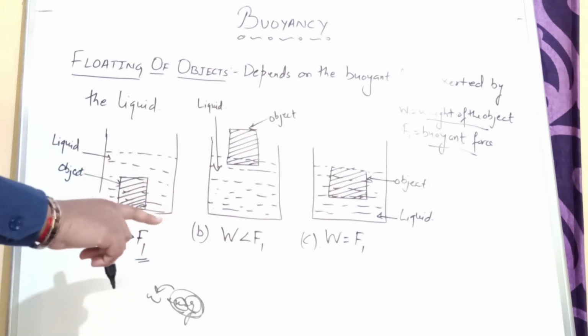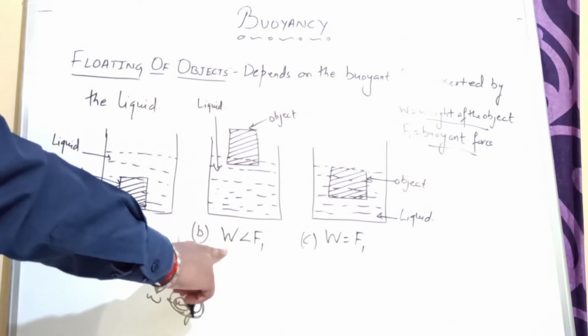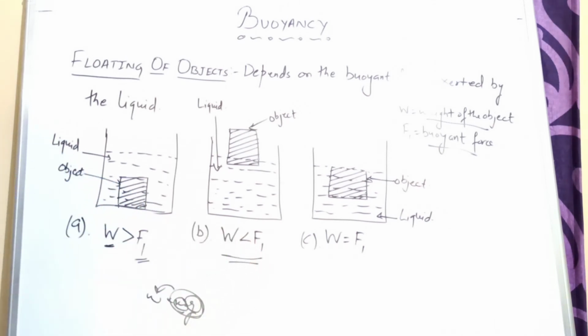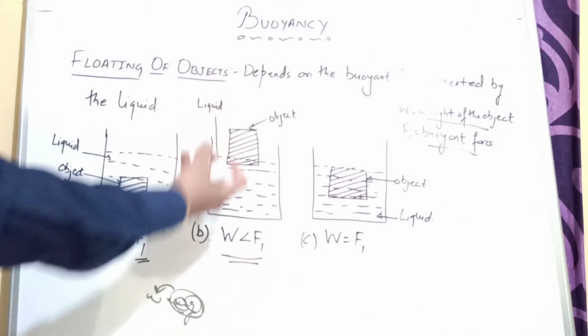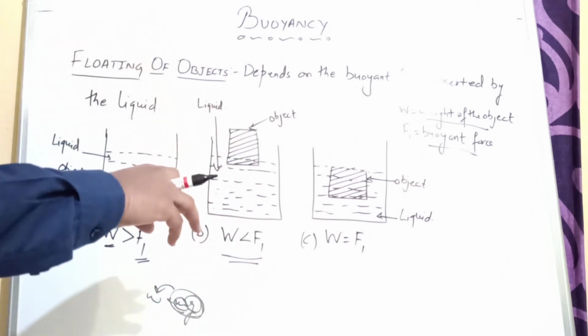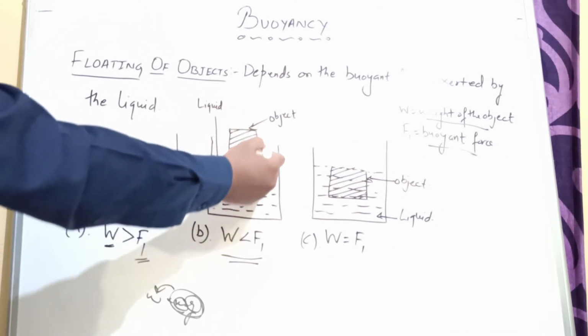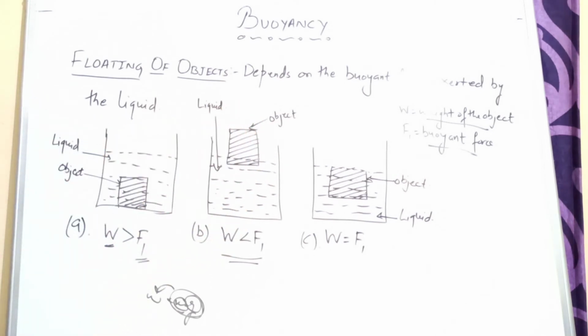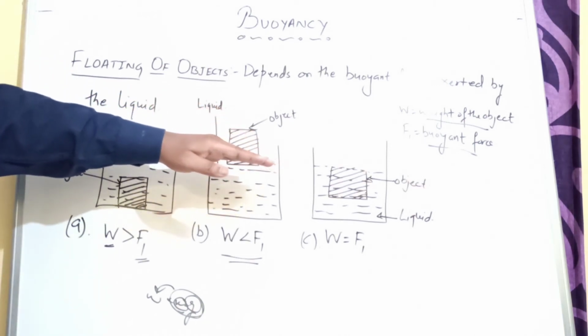Second condition, if the weight of the object is less than the buoyant force, it means the upward force is more than the weight of the object. In that case the object will float and come to the surface of the liquid.